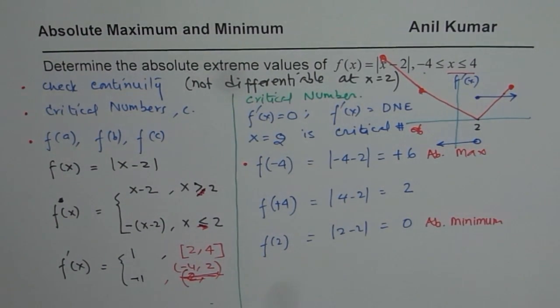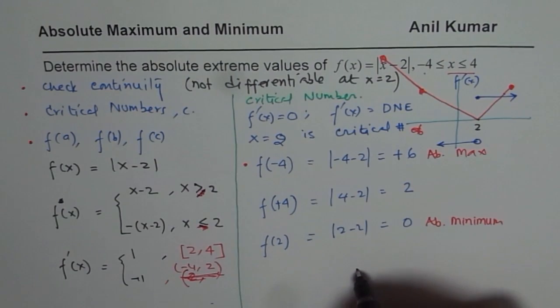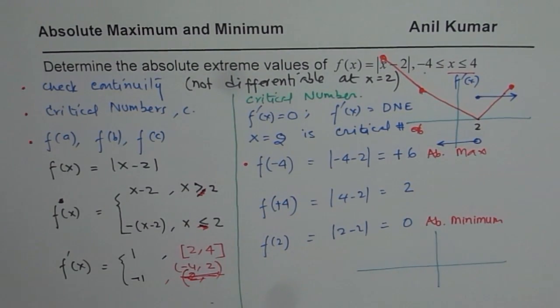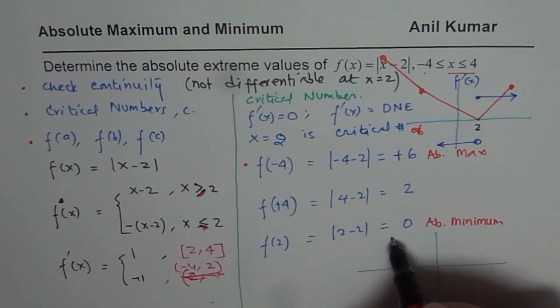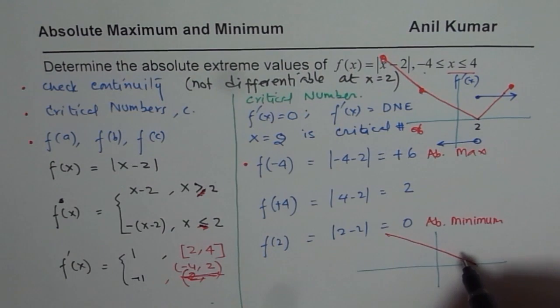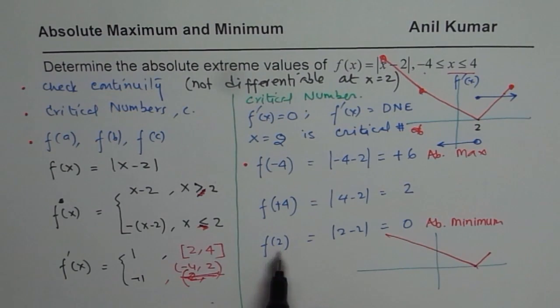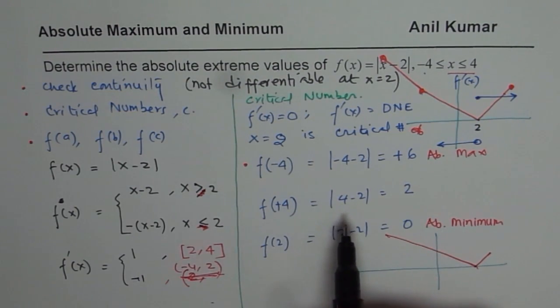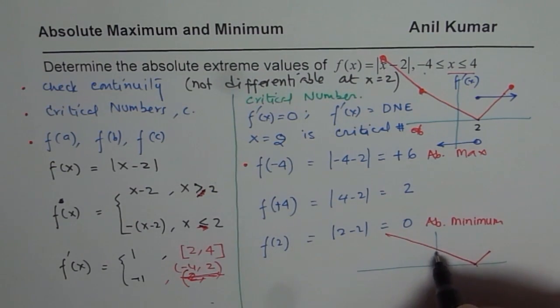Okay, so you understand what I'm trying to do. Let me resketch, since it does not really look like what we wanted to make, right? So we have an absolute function which is kind of like this. So at 0 it is 2, so that is 2, and at +4 it is 2 also, so this is 2.